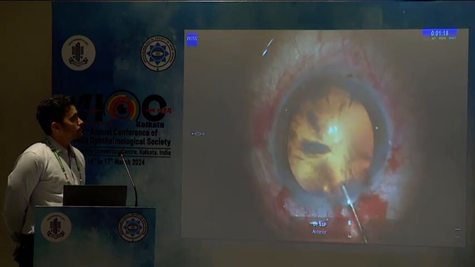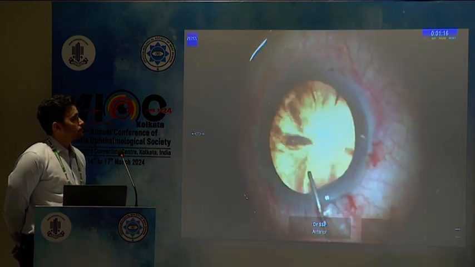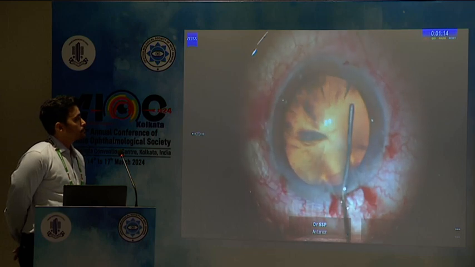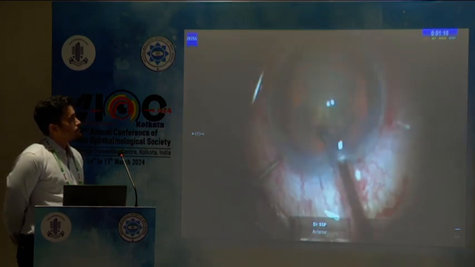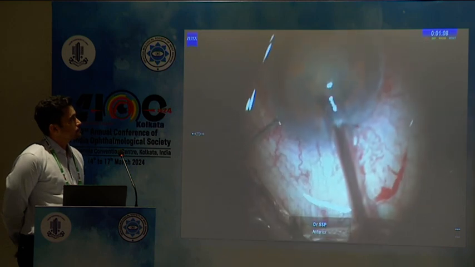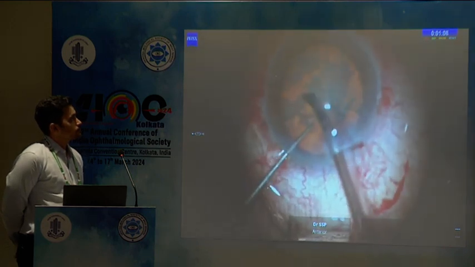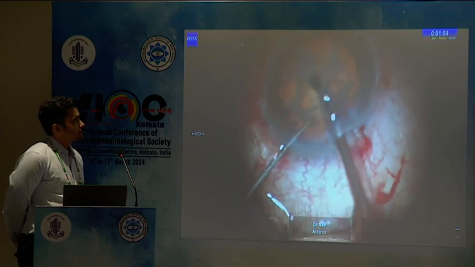Now, the hydrodissection is being done after decompressing the anterior chamber. Now the phaco probe and the chopper are being inserted into the anterior chamber to start the phacoemulsification process.